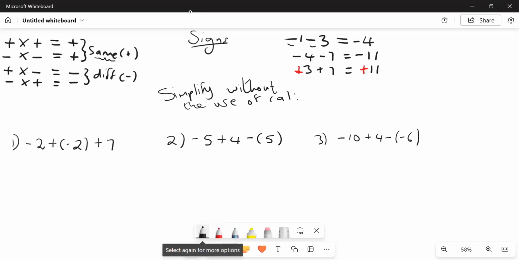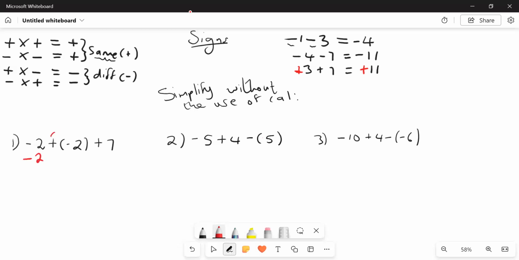Now let's go to our questions. We need to simplify without the use of a calculator. Number 1, they give us -2 plus, open bracket, -2 plus 7. I will use a red pen to write our answers so that everyone can understand. We drop down that -2.